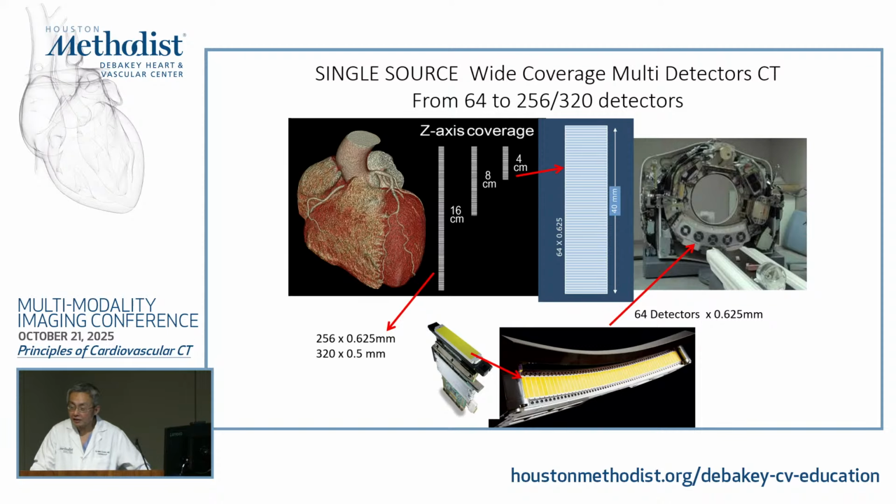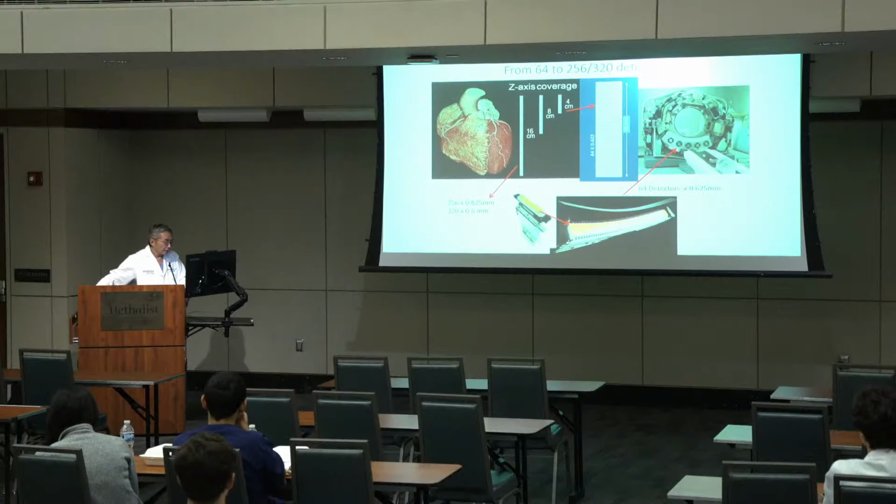You can do helical scan if you want to go over 16, but for the heart images, it's a reason why they come out with 256, because you multiply by the detector, it gives you 16 centimeter, and that's what most of the heart fits, okay?